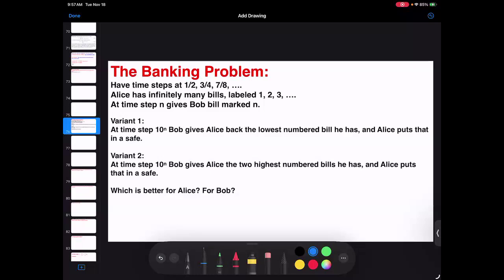So my idea is that the number of transactions in the first half of that second is going to be comparatively significantly smaller than the second half. More number of transactions. But at every finite moment in time, in the second method, Bob is always going to give back twice as much as in the first. The higher bills would have been taken care of in the first half.